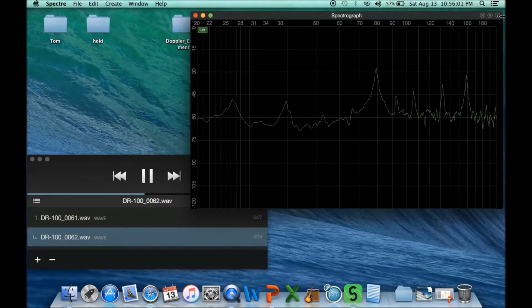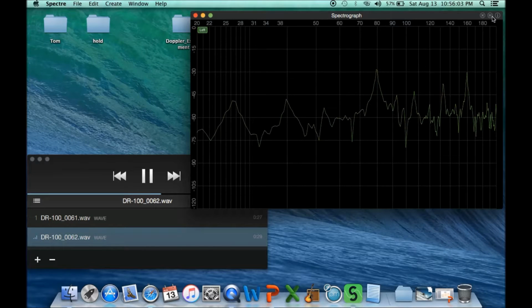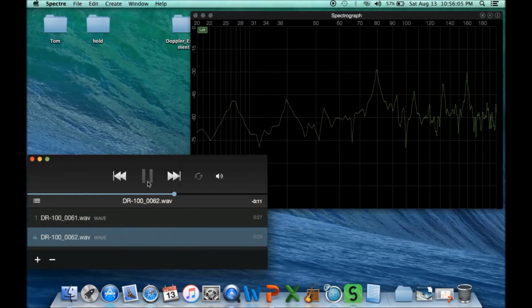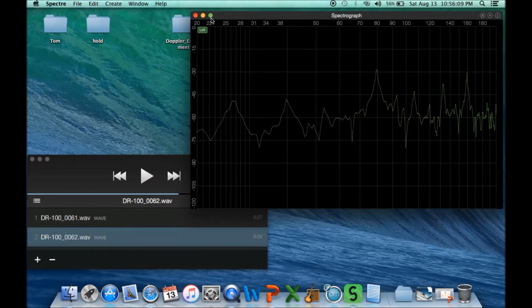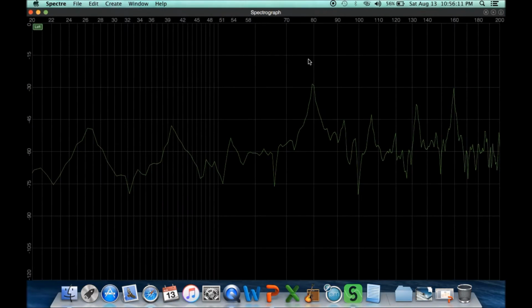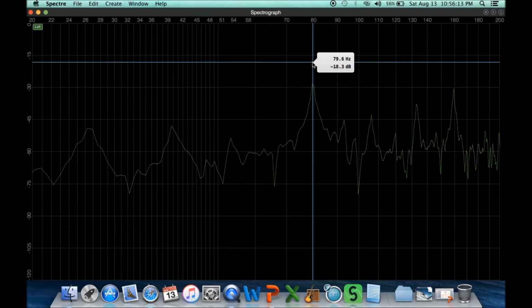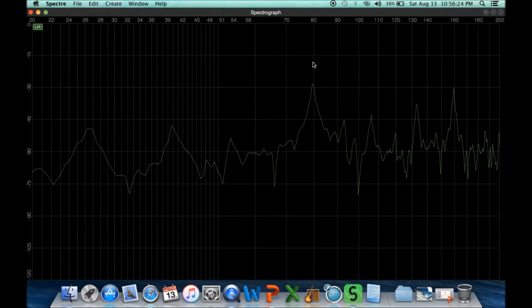That's running right in here. Pause that. Let's see where that lies. This one is looking, I got 79.5 or 6, I'm going to say 79.6.